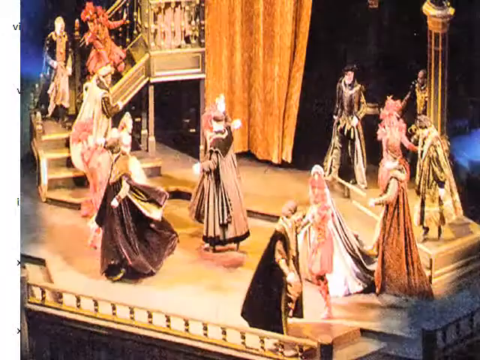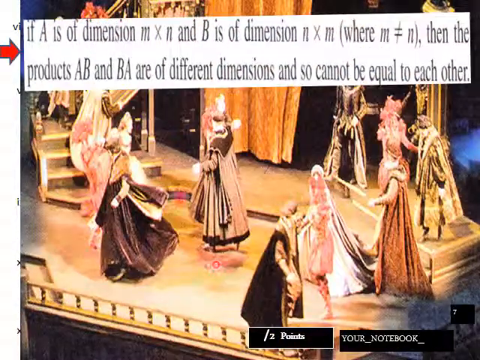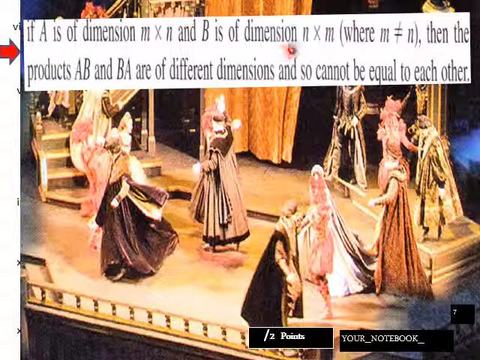To see that, if A is of dimension m times n, and B is of dimension n times m, where m cannot equal n, then the products AB and BA are of different dimensions and so cannot be equal to each other. So here is a big note, students.